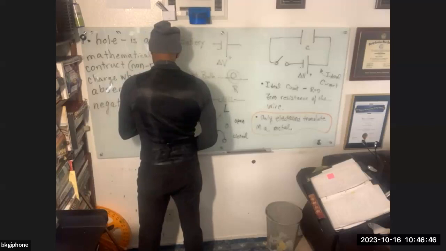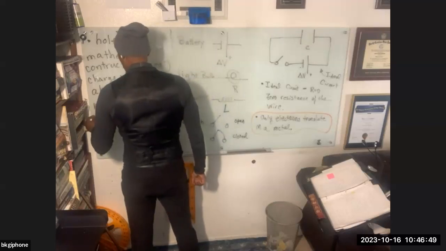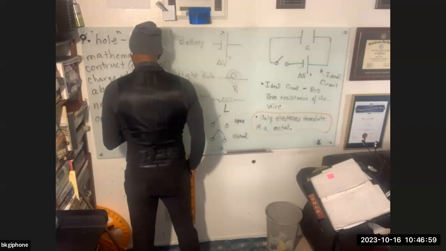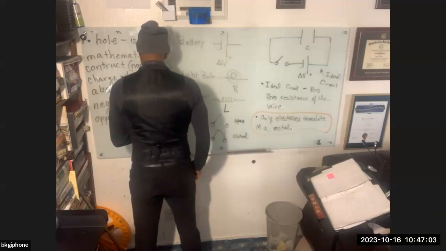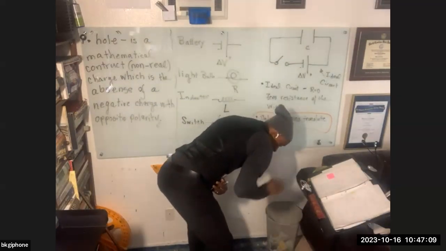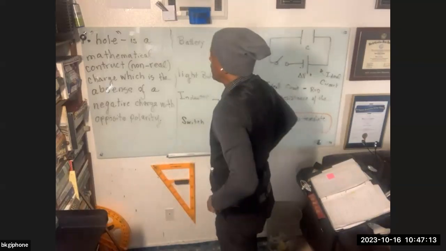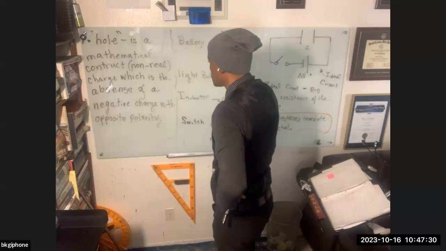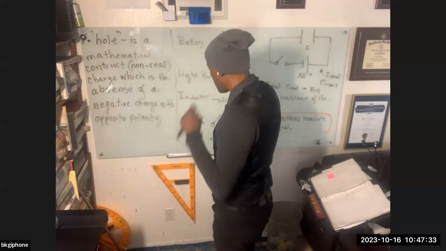With opposite polarity. Okay. So a hole is a mathematical construct, non-real charge which is the absence of a negative charge with opposite polarity.